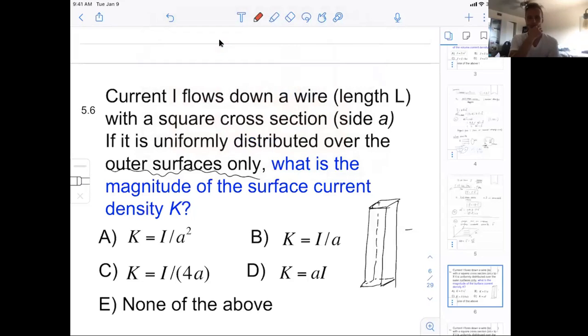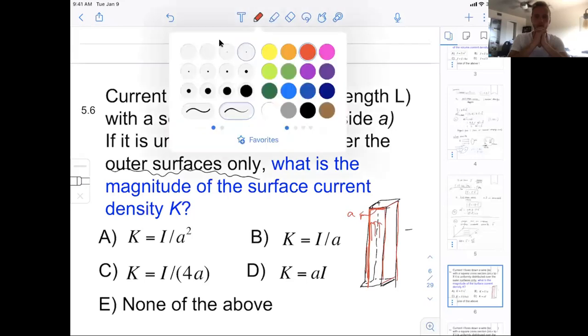Okay, this long wire has a square cross section, so you can think of the long wire as having four sides. Looking at the side that's facing us, the current flowing through it does cross this width A. I agree. But then there's also this side, and I'm going to use a different color.